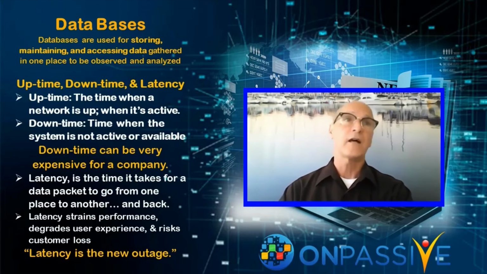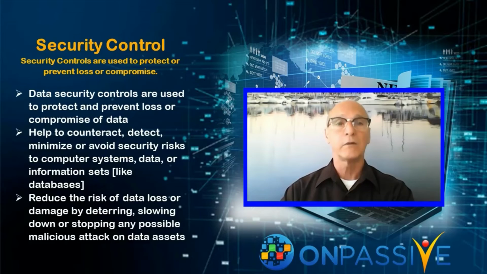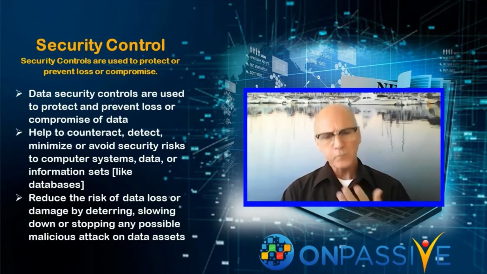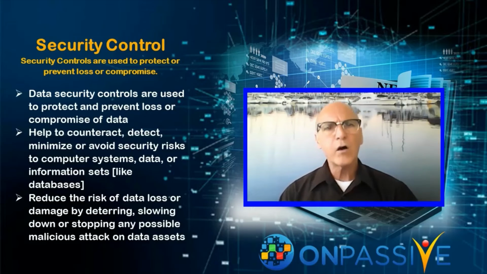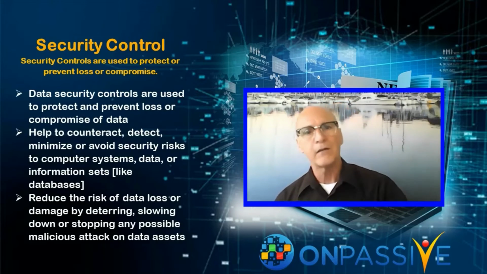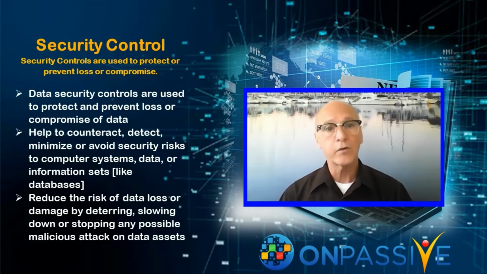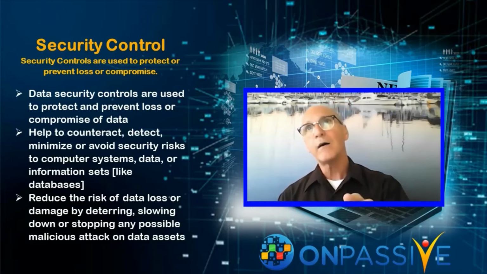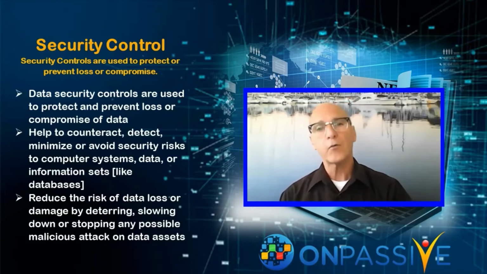I know I'm going kind of fast, but let's talk a little bit about security and security control. Now, security controls are used to protect and to prevent loss or compromise. Data security controls are used to protect and prevent loss or compromise of data. It safeguards sensitive and important information, and it's a countermeasure against that information's unauthorized use.